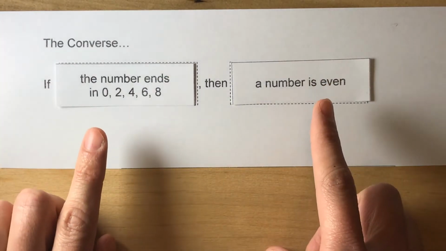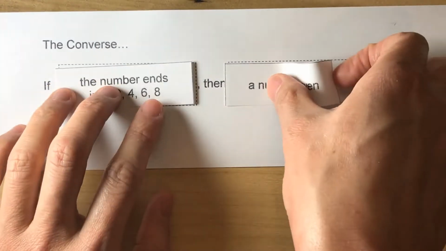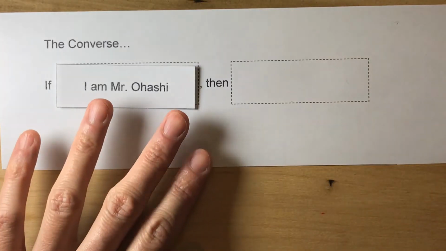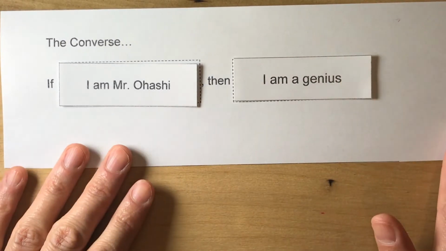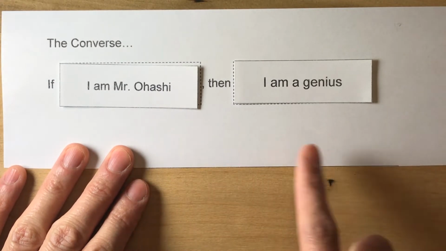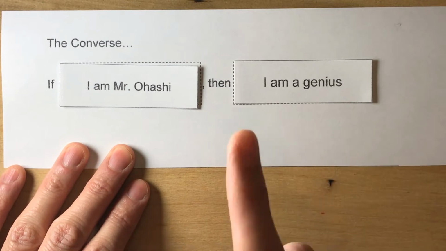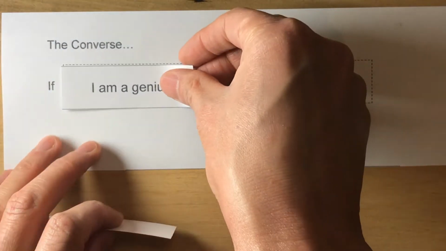Now it's important to note that the converse of a statement isn't always true. I'll give you an example. If I am Mr. Ohashi, then I am a genius. Now that's a true statement, because if I'm Mr. Ohashi, that's me, then I'm a genius, which I am. But take a look at the converse of this statement. I'm going to switch these around.